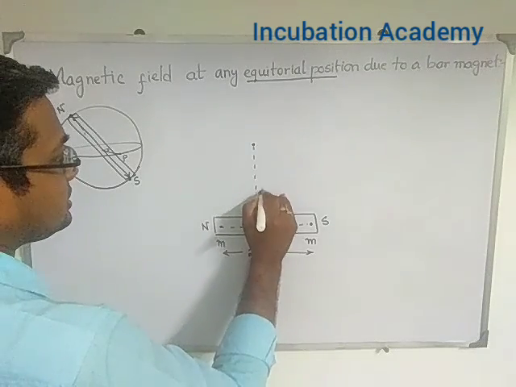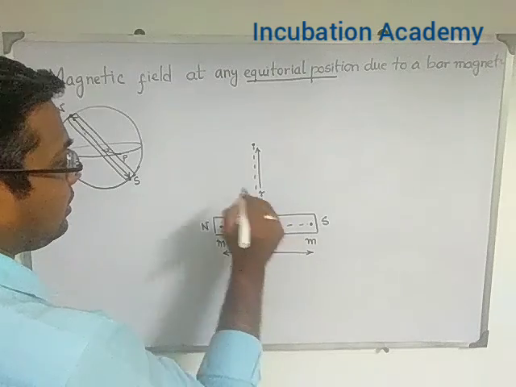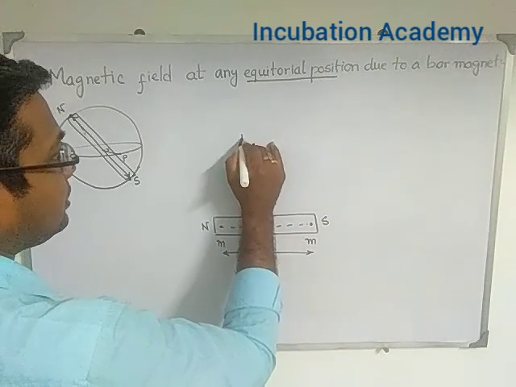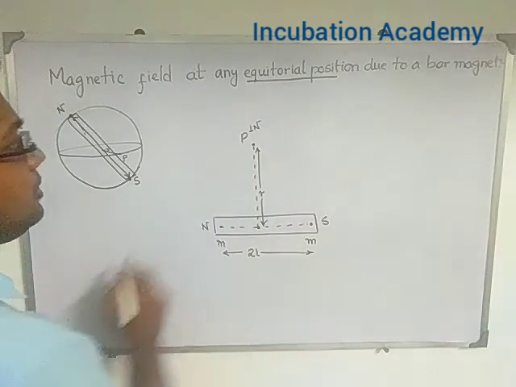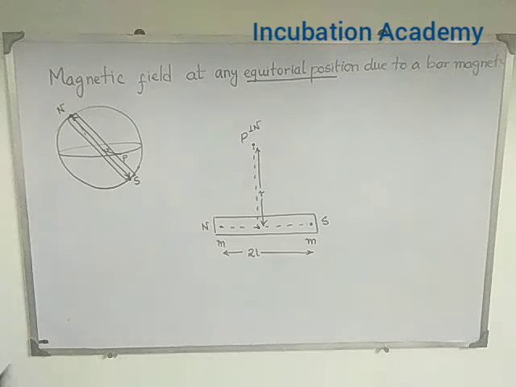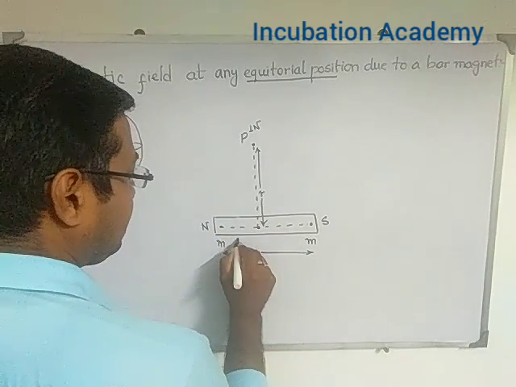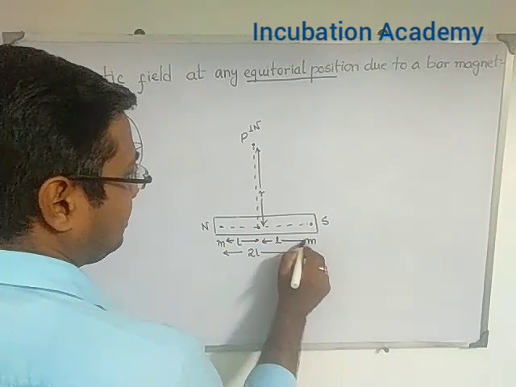So the point is at a distance r from the midpoint. This is the point P, and we consider a north pole of unit strength placed here. If it is 2l, then it will be l and it will also be l.